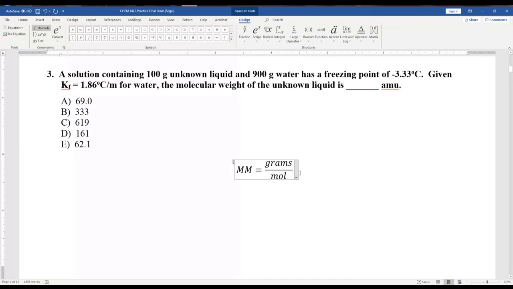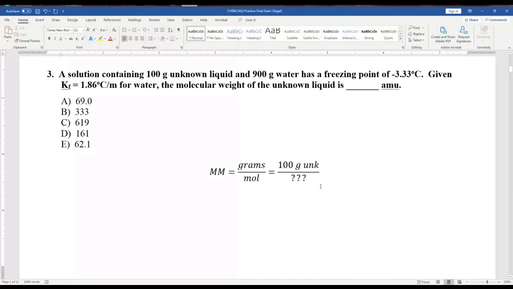Now, in this case, what does it give you regarding this unknown liquid? Does it give you the grams of unknown liquid or the moles of the unknown liquid? What does it give you initially? It does actually give you the grams. So I'm going to put 100 grams of unknown because it tells me 100 grams of unknown. Now I need to solve for the moles of the unknown. This is what I don't know.